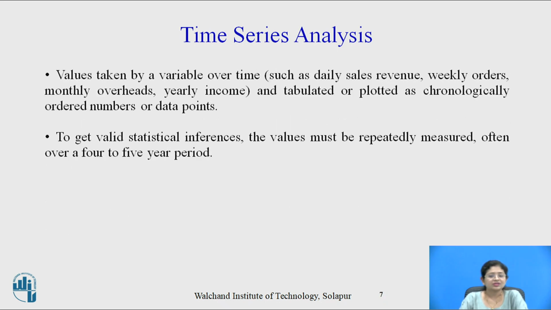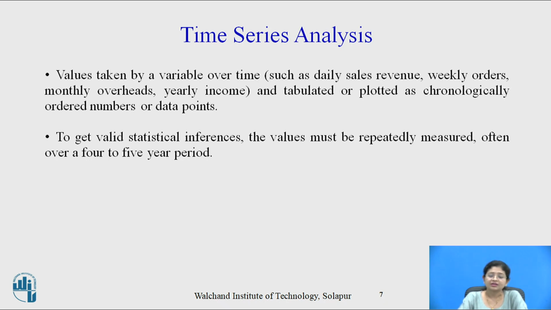In the stock market, whenever we identify the daily closing price, these are the values taken by the variable over time. Time may be measured in daily sales revenue, weekly orders, monthly overhead, yearly income, whatever it is. So it is in a period.